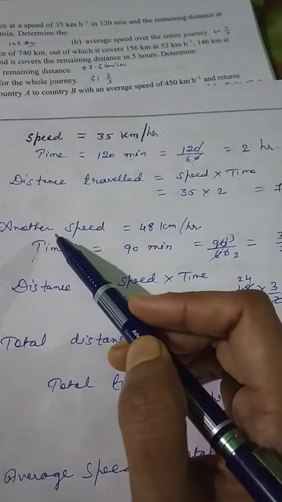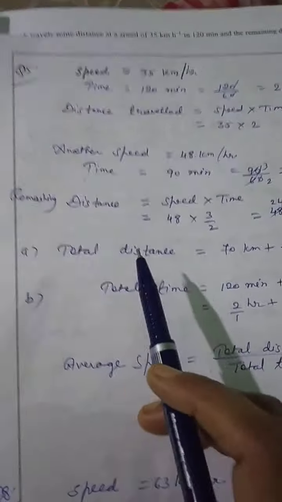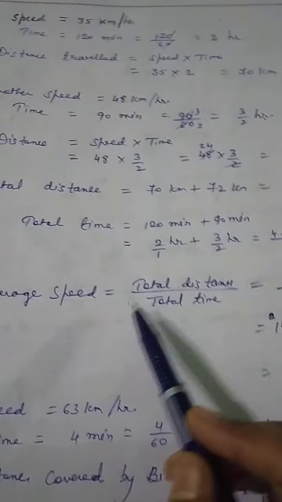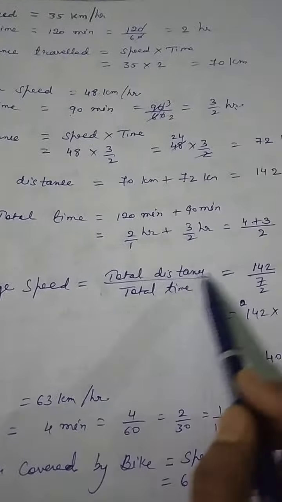Next it is asking the average speed over the entire journey. Whenever the average speed is asked in the question, we know the formula: average speed is equal to total distance by total time. We know the total distance, 142 km. Now the total time you have to find out, student, that is 2 hour and 3 by 2 hour.